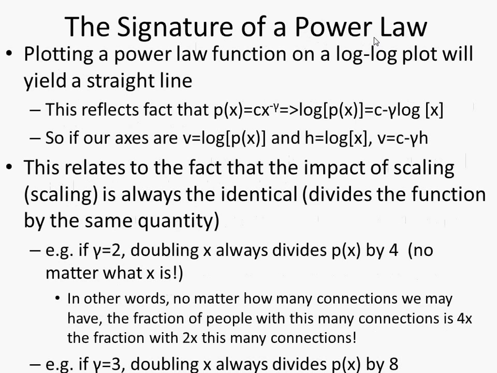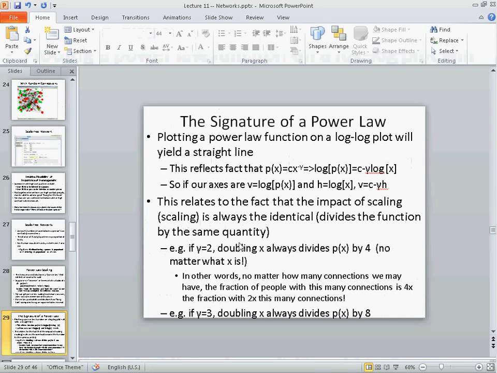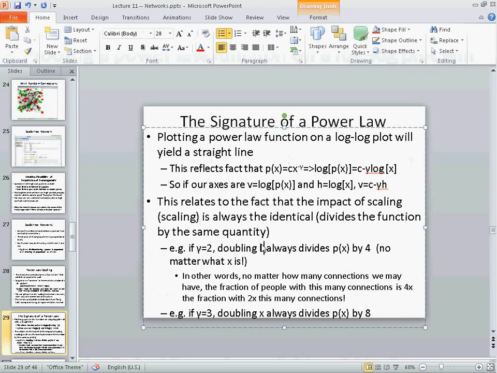Now, I'll give an example of this. The impact of scaling is always identical within this sort of situation. So imagine gamma is equal to 2. And this says x. I should really say k there to be consistent. I apologize, I must have put together these slides at different times. This should really be k.